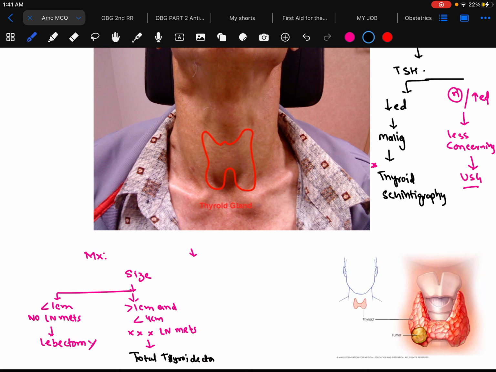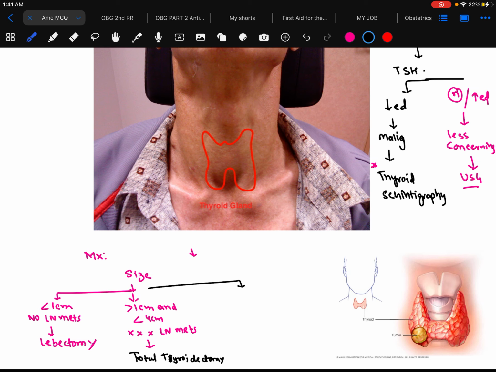Lobectomy means you will involve just a partial part of the thyroid gland, like this part. But total means you will remove all of the thyroid gland.